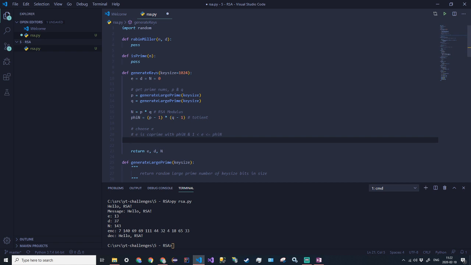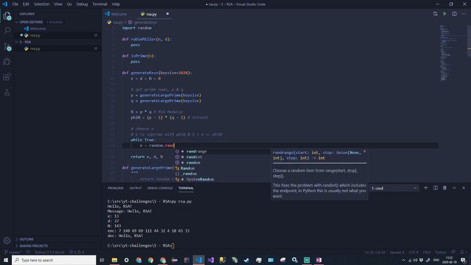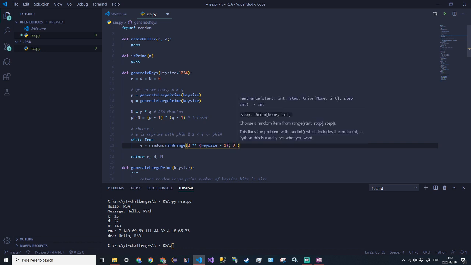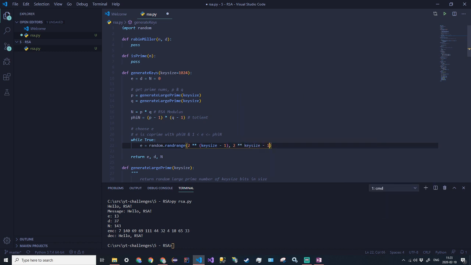So all we're going to do is say while true, E is equal to random.randrange, and we're going to do the same thing that we did above. So it's going to be 2 to the key size minus 1, and then 2 to the key size, and that whole thing minus 1.